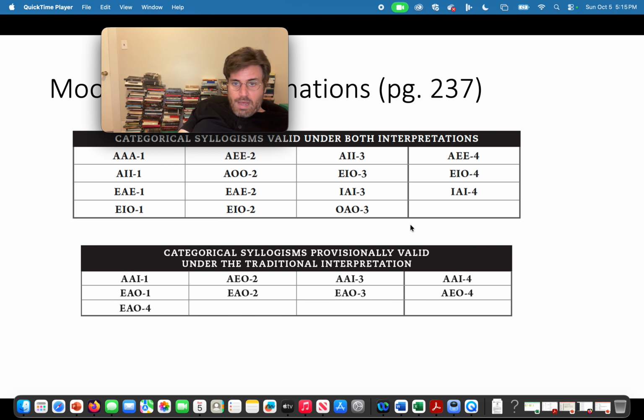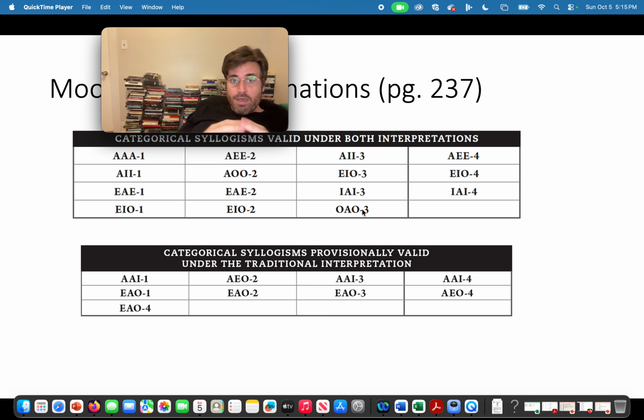So we know that for any content that takes standard categorical syllogistic form, these combinations of mood and figure are valid. We don't even have to think about the content at all. We just have to discern the mood and figure in question, and if it takes any of these combinations, it's a valid argument.